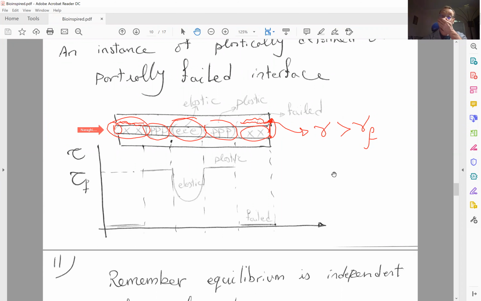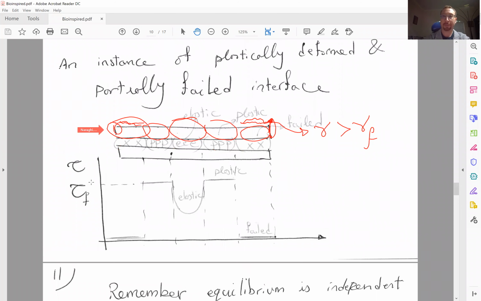So if I plot the shear stress in the tablet, which I'm showing you in this graph here, the shear stress inside the regions that have failed is zero. The tablet has failed there, and it's symmetric.